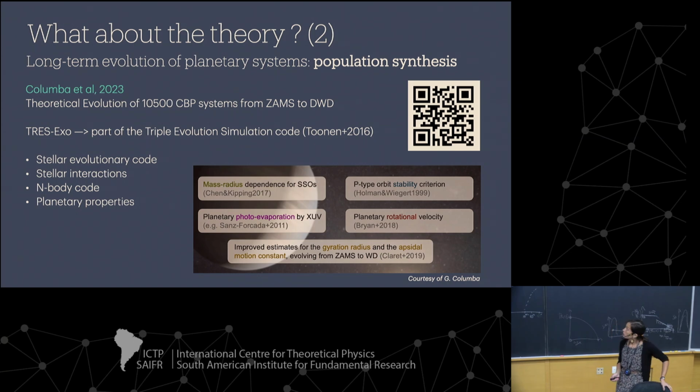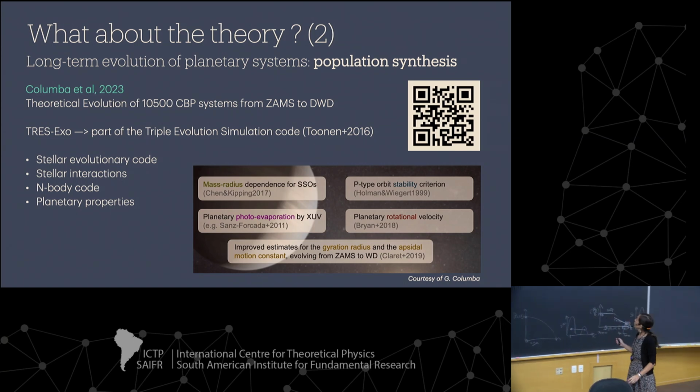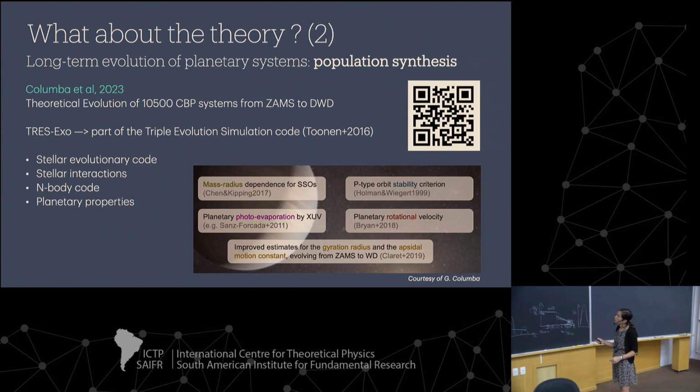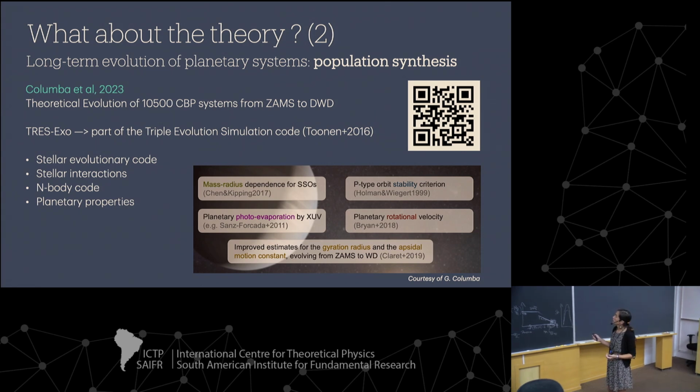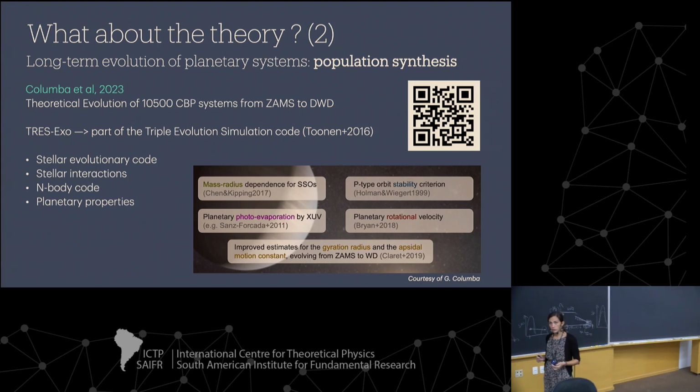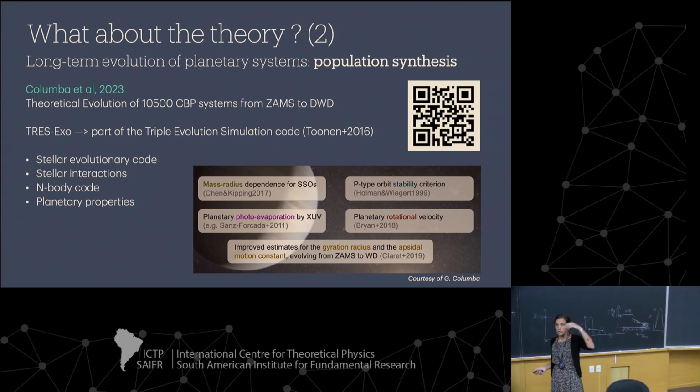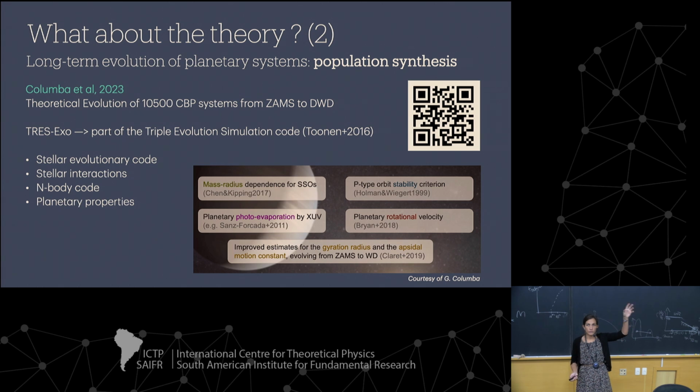These are just the features. I'm not going to go into detail, but these are the features that we included. For the planets, of course, there was the orbital stability criterion that I mentioned yesterday. Then we also had the planetary rotation velocity, because it's different from the star. The photoevaporation by the irradiation of the star, because as I mentioned, when stars become white dwarfs they're very hot.